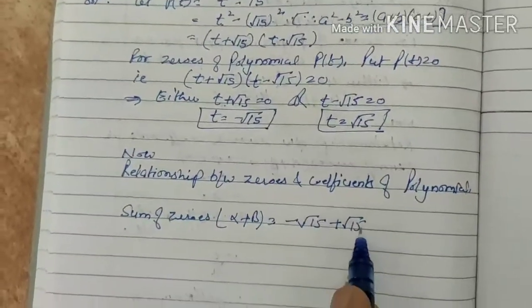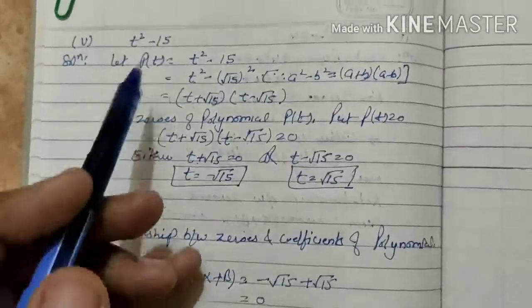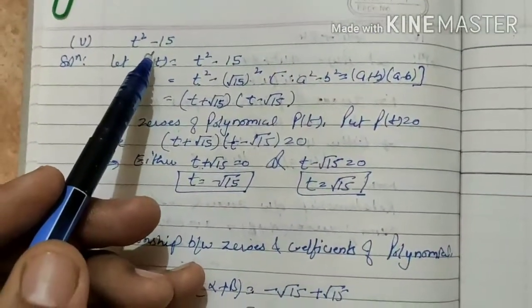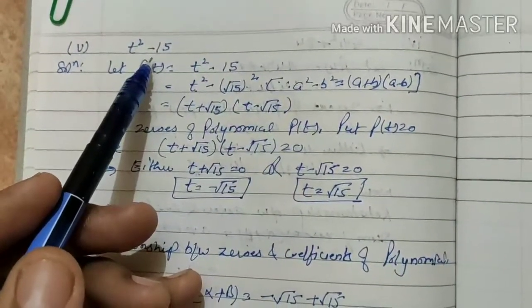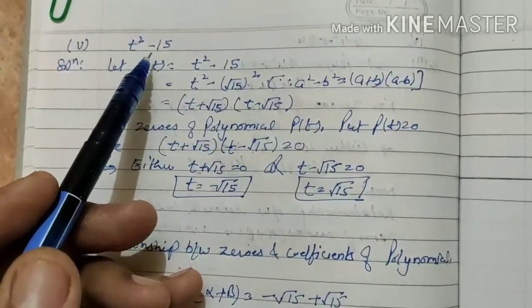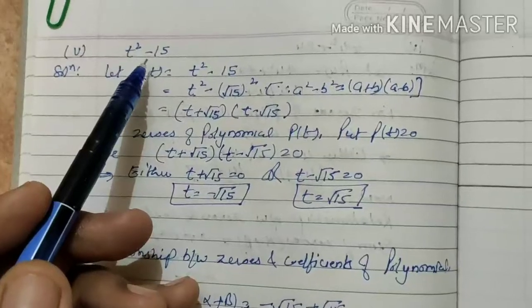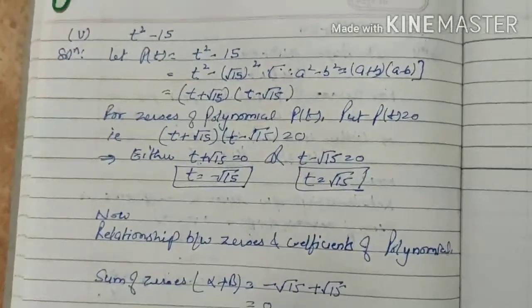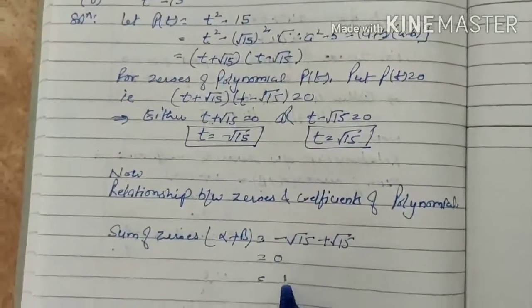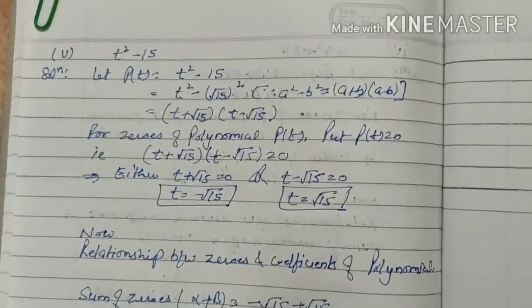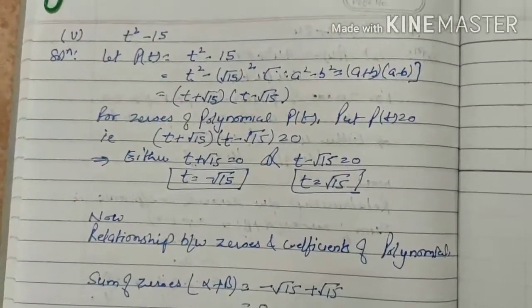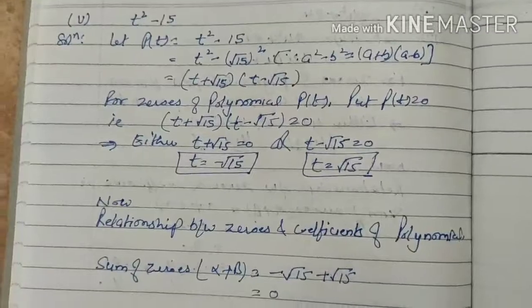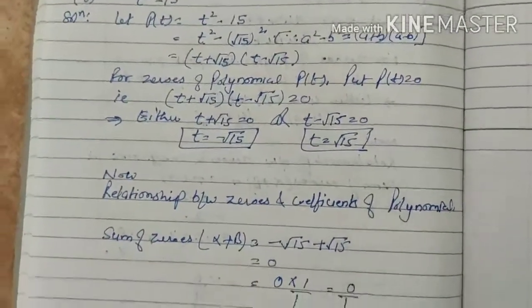So minus root 15 plus root 15 becomes 0. And you can see as there's no term containing t, so b is already 0. B made the middle term 0, so b is 0, or we can write it as 0 upon 1. So this will be 0 by 1.